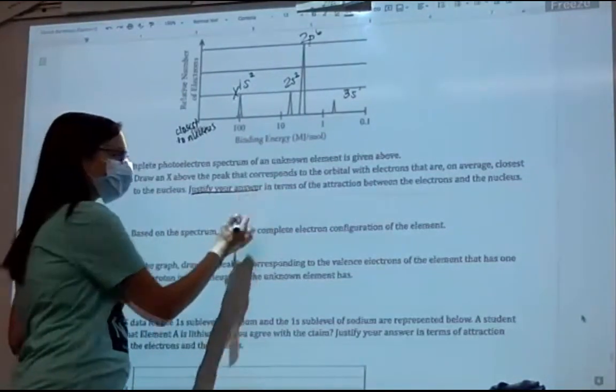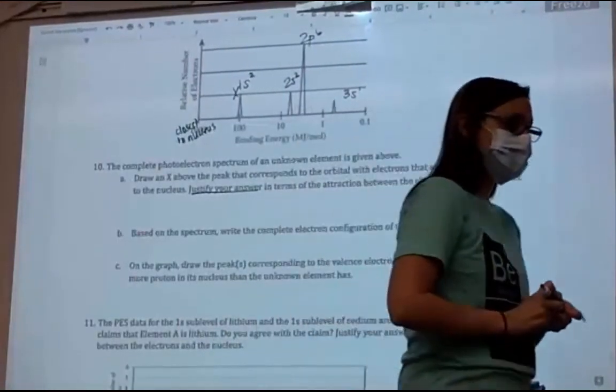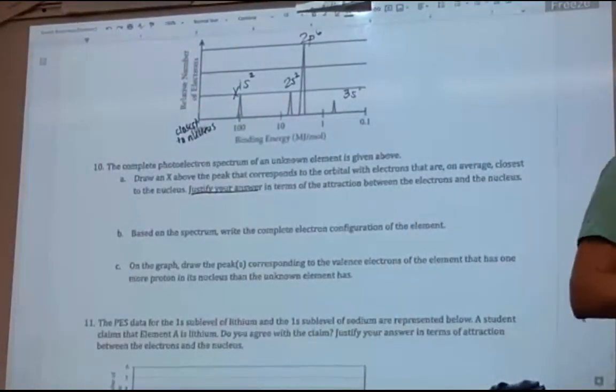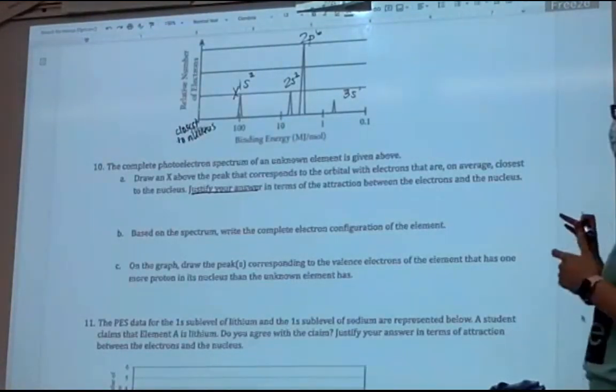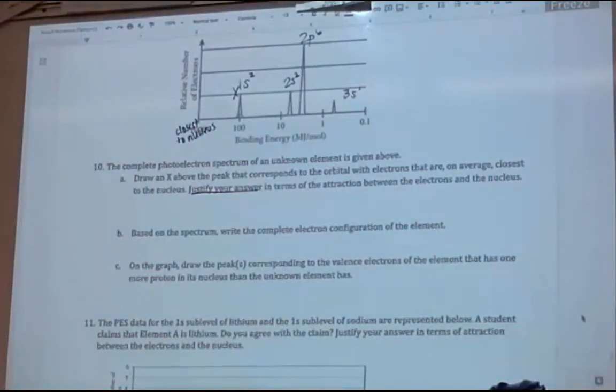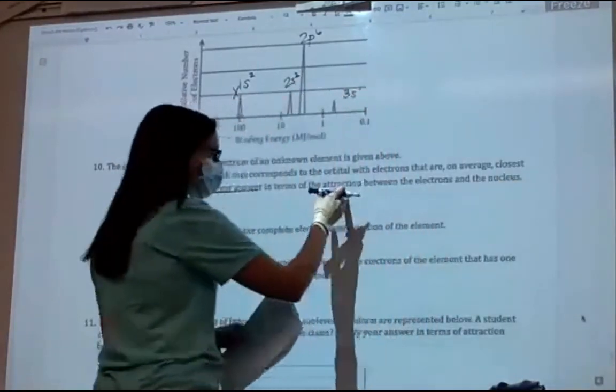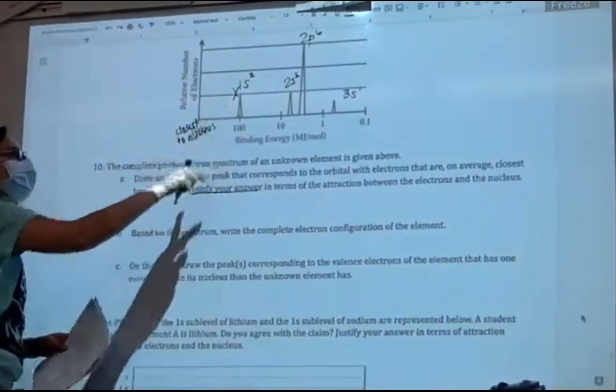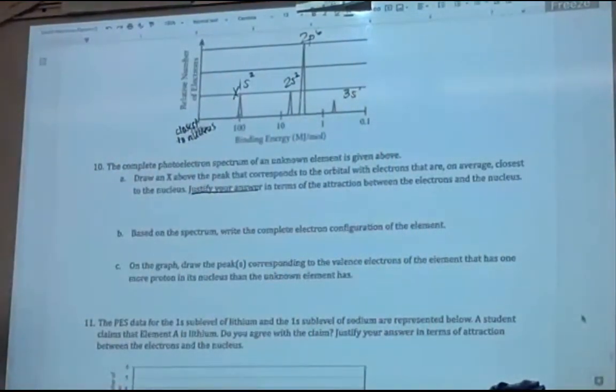Then it says justify your answer. This is where we start to get into the true AP style free response, where you have to do something and then justify your answer. So it says justify your answer in terms of the attraction between the electrons and the nucleus. So we want to make sure we're talking about the attraction between the 1s electrons and the nucleus.